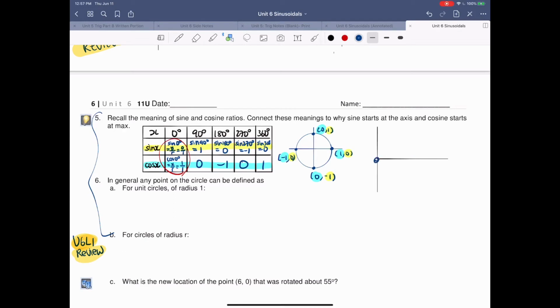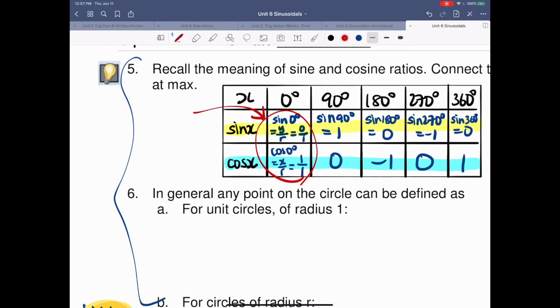So for sine x, again, you start here. We can say that sine x starts at the coordinate 0, 0. Cos x starts at 1, 0.